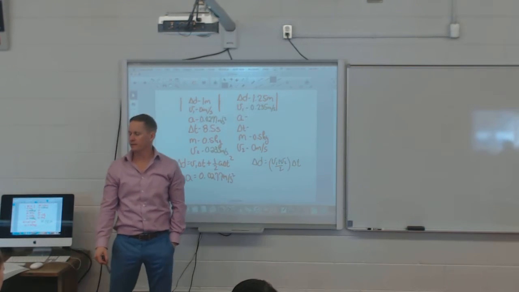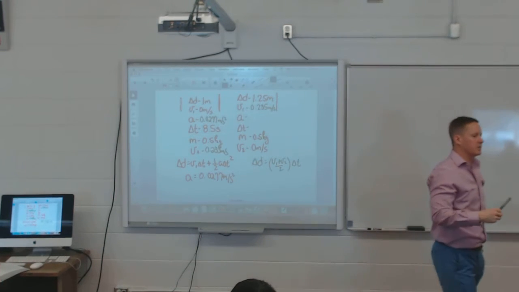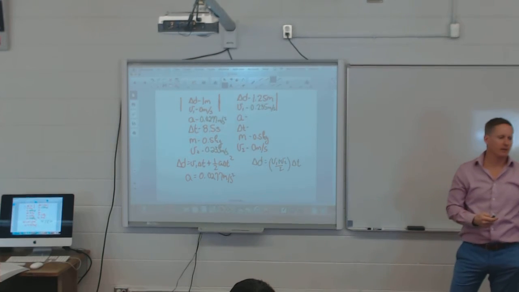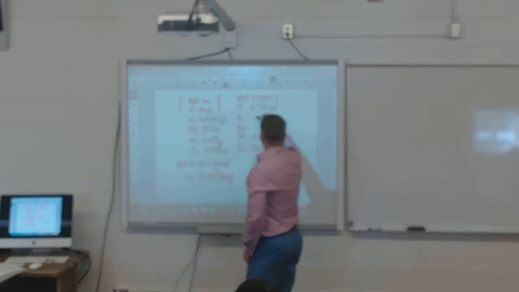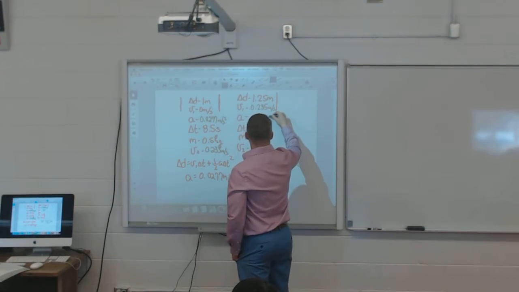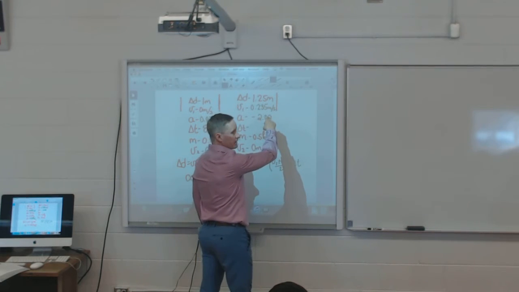I've got V2, V1, D. Which equation am I using? Yes, V2 squared equals V1 squared plus 2AD. And what do I get as my acceleration? Negative 0.02209. Help me with this again.